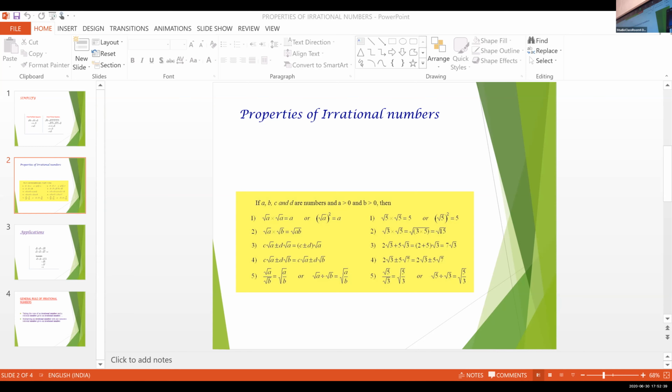Are you remembering that? See the example. Melvin, can you read it? Example: root A into root A is equal to root A. Then, what about the example?